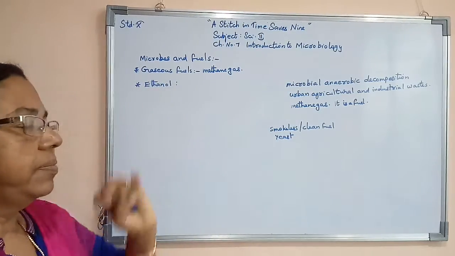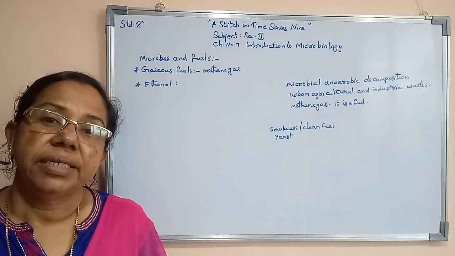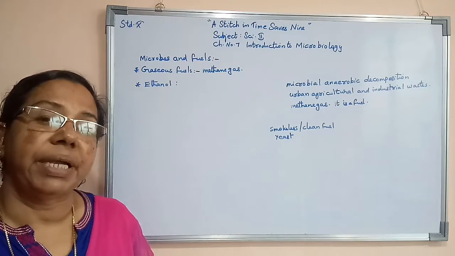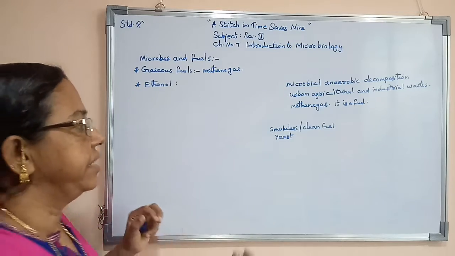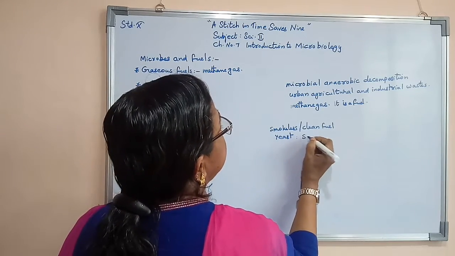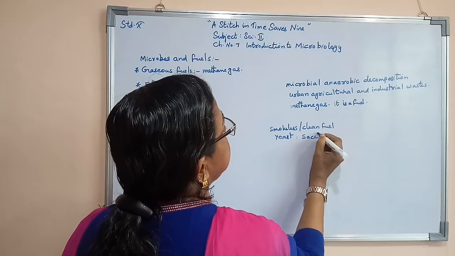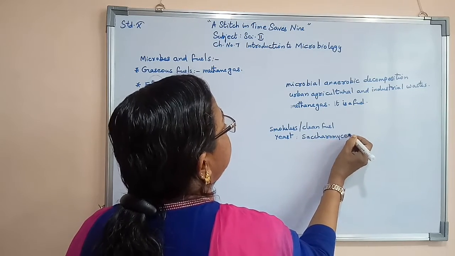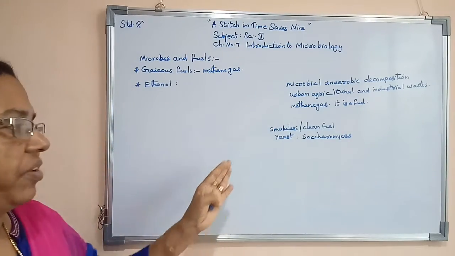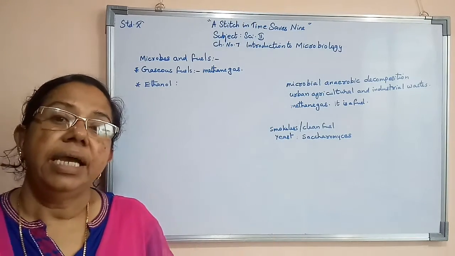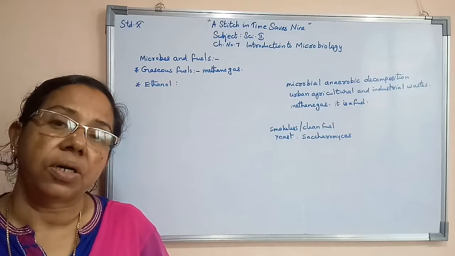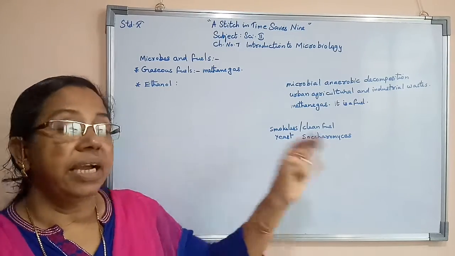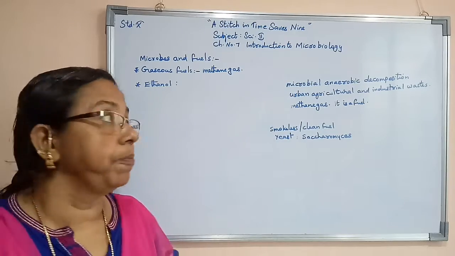That yeast is known as Saccharomyces. With the help of yeast Saccharomyces, ethanol, a type of alcohol, is produced. It is a smokeless as well as clean fuel.